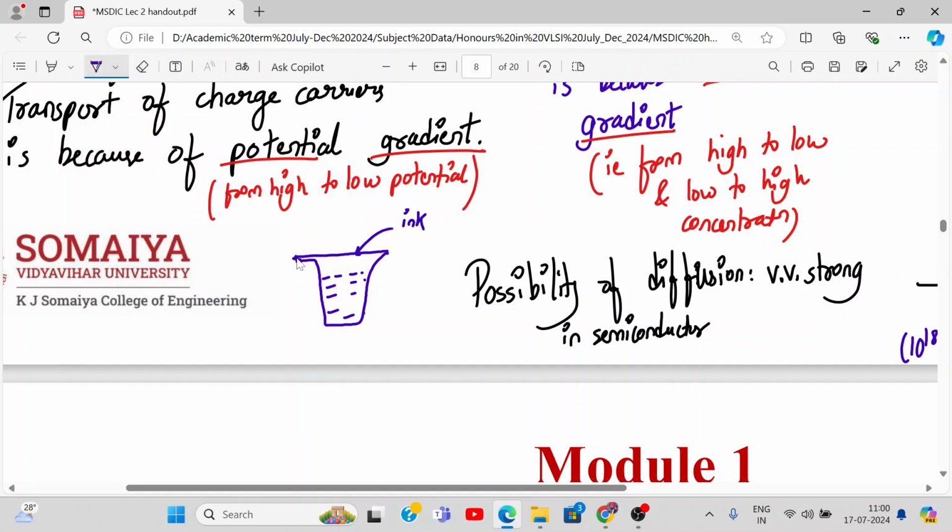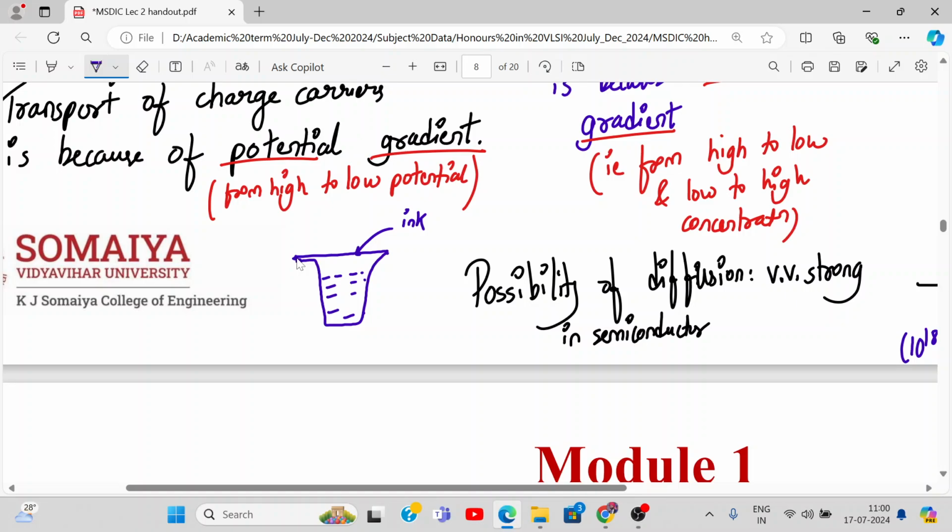What will happen? Will the water become entirely blue instantly, or what will happen? The phenomenon by which the ink spreads inside the water is called diffusion. Agree?